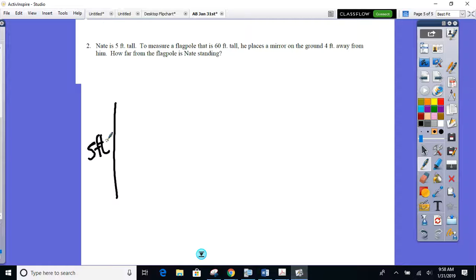There's a flagpole that's 60 feet tall. Anytime anything is standing on the ground or built into the ground, we're going to assume it's perpendicular, forming a right angle. He places a mirror on the ground 4 feet away from him.